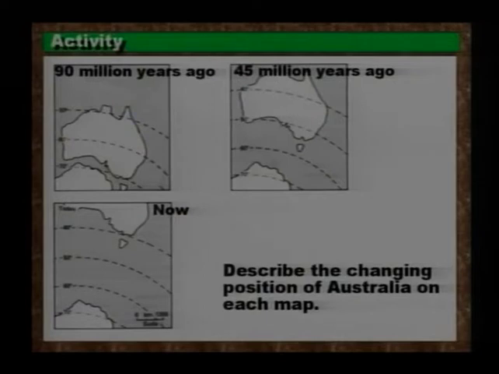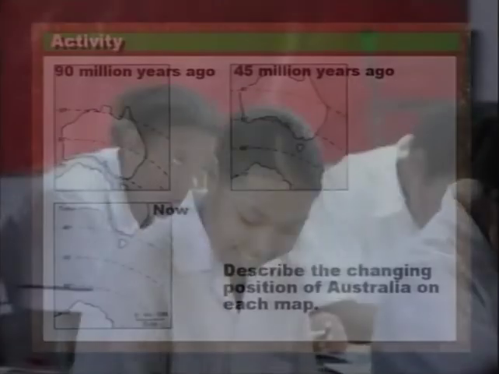Silo, give us the answer to that particular question for each of those maps. Australia and Antarctica were one landmass 90 million years ago.